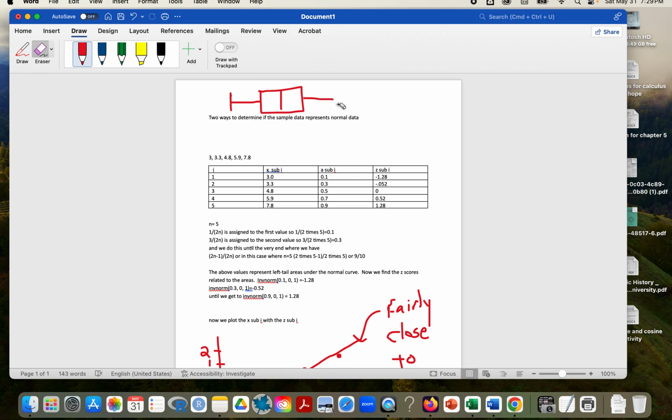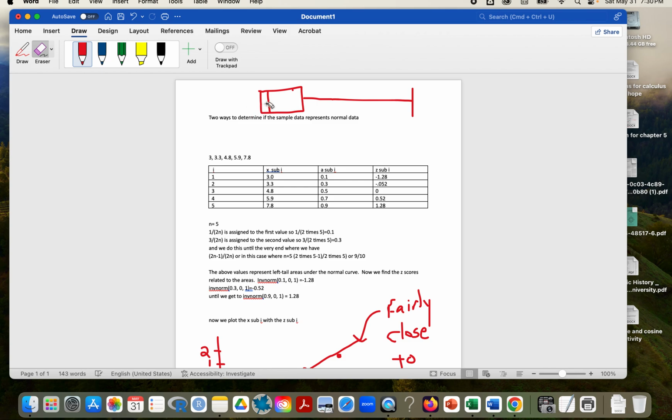If, however, our tail went way out, like so, then we're dealing with a skew situation. If our box is very close to one of the tails, and our center is kind of out of whack, so we have something of this nature where our median, forgive me, would be like here, then you're dealing with something that's very tall in the middle and then stretches out, so we're looking at a skew situation.